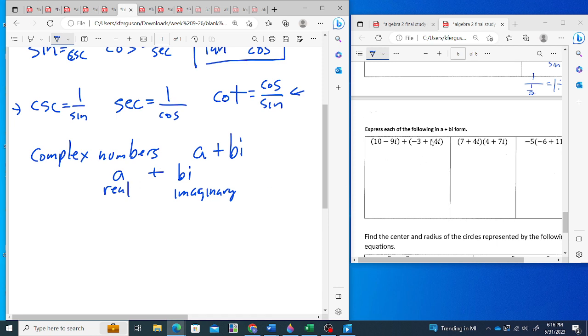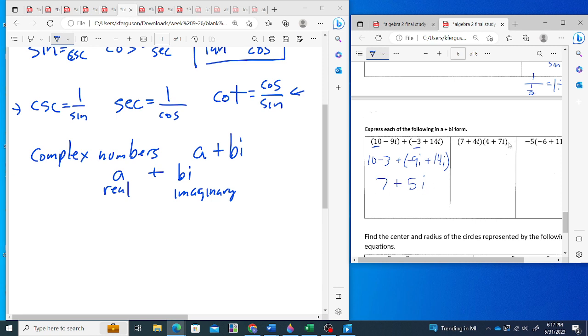So, in this case, when I'm adding, I just do like terms. I take my real numbers and combine them. I take my imaginary numbers and combine them, right? So that's going to be 7 plus negative, so that's a positive 5i.